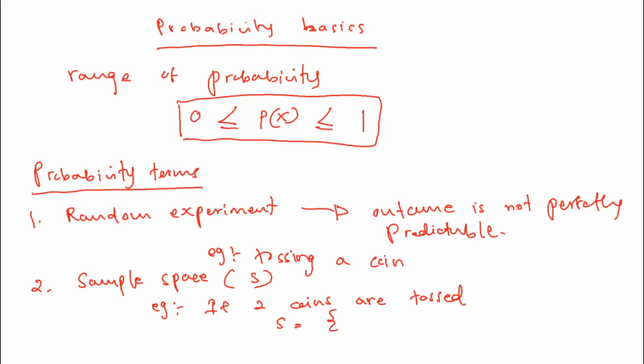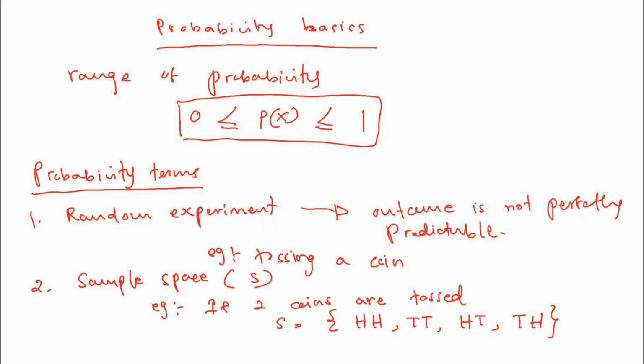S equals head in both the coins, tail in both coins, head in one coin and tail in the other coin, tail in the first coin and head in the second coin. So this is the sample space, all possible outcomes of an event.